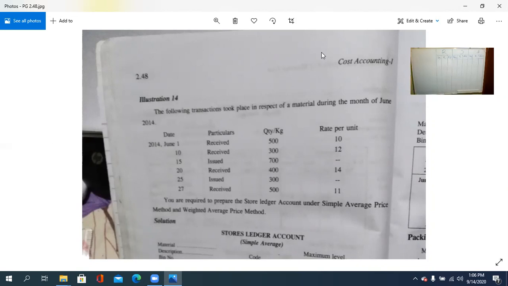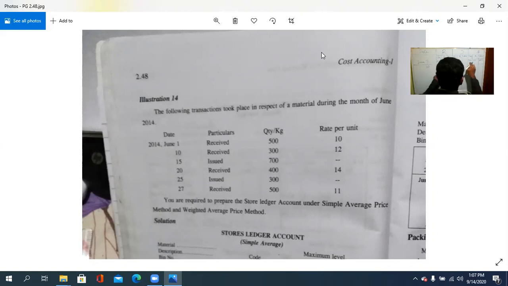So firstly, on June 1, received 500 at 10, so it is 5,000. Here also 500, 10, 5,000. Then on June 10, received 300 units at 12, so it is 3,600.